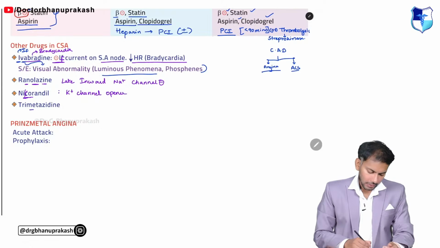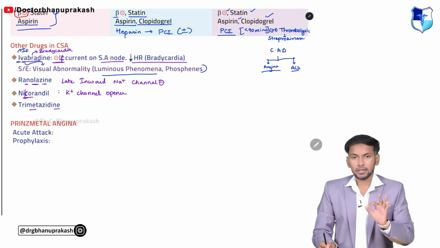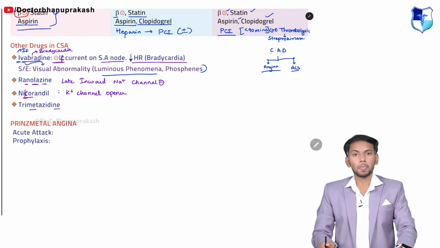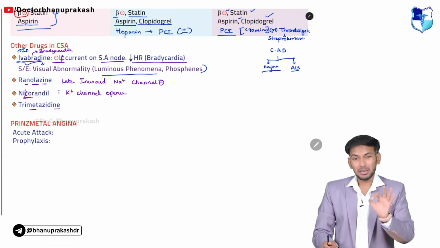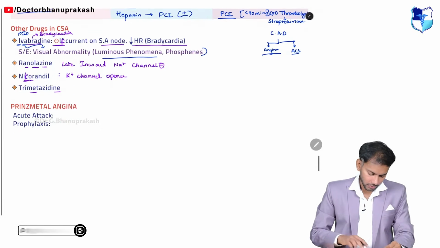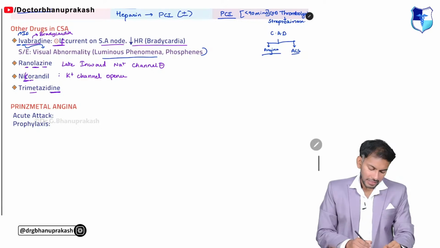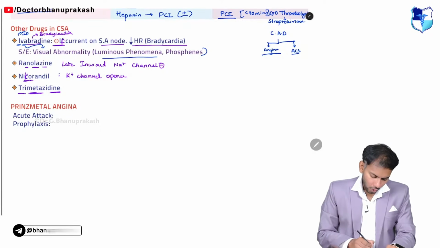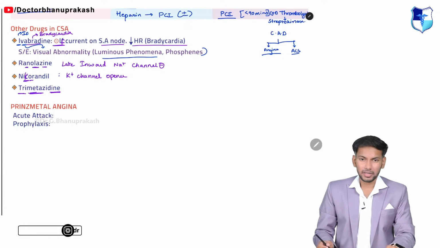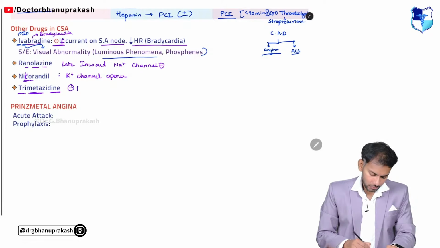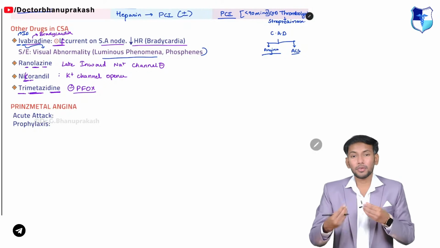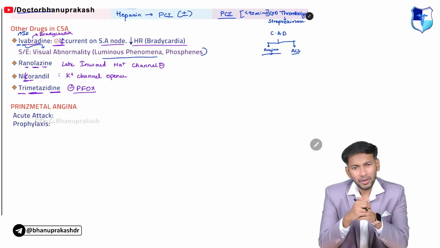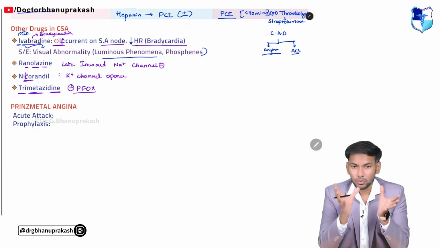Now, trimetazidine. How can you remember this? Trimetazidine. Yes, see here carefully. IN means inhibiting. It inhibits the metabolism of fatty acids by blocking the enzyme. See, the heart usually uses fatty acids for its metabolism when the entire organs use glucose.